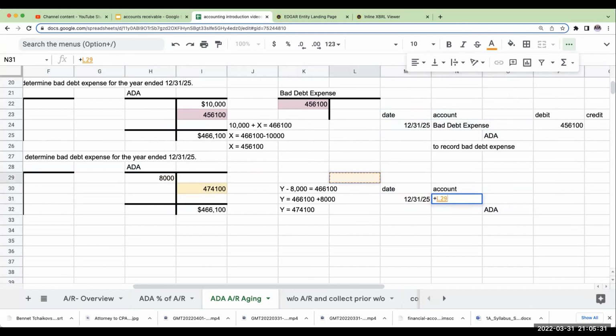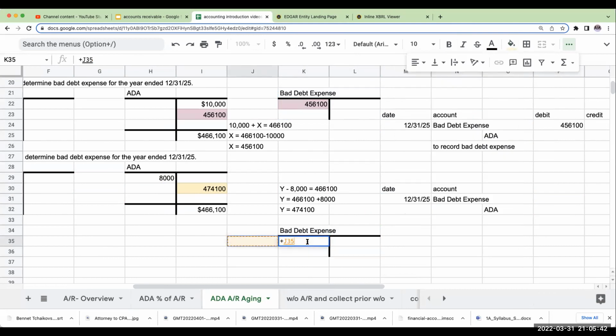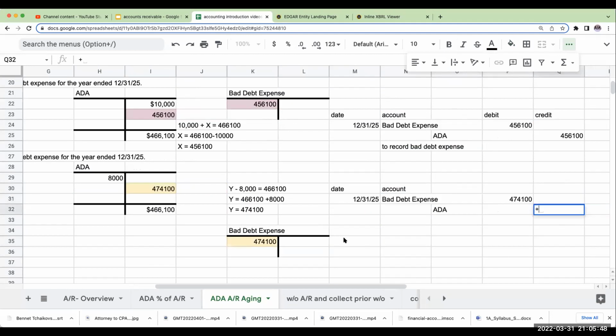I'm going to debit bad debt expense. My debit for bad debt expense is going to be whatever I needed to balance the allowance for doubtful accounts. I record expenses with a debit. This is going to be 474,100, debit, credit, to record bad debt expense.